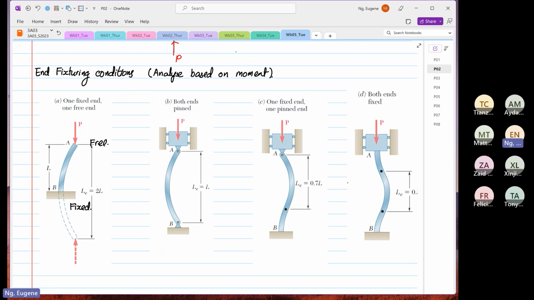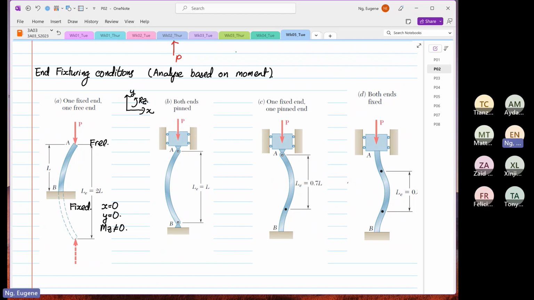So what is fixed? We use a standard transformation: x, y, and this is rotation about z. So down here, when it's fixed, what does it mean? X motion is equal to 0, and y motion is equal to 0. But moment about z is not equal to 0.